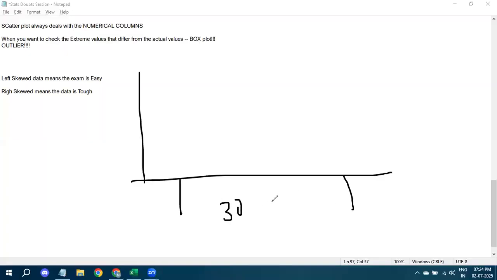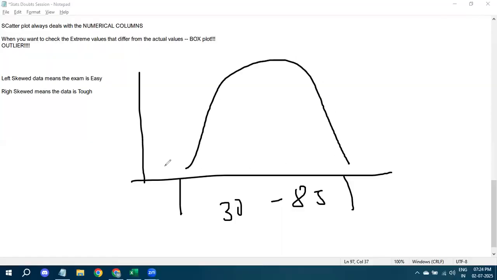Most of my data set is between 30 to 85. Let's say 95% of data, 95 records, are between 30 to 85. Let's consider 100 records. The other five records are like zeros, that they fall under here.